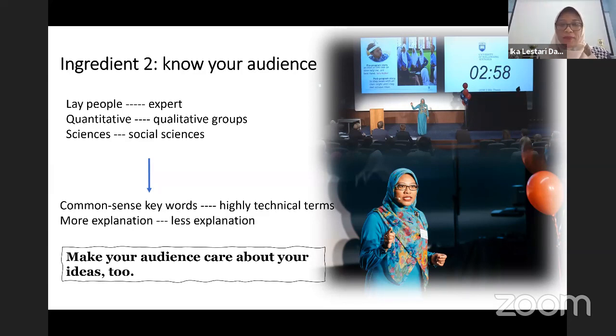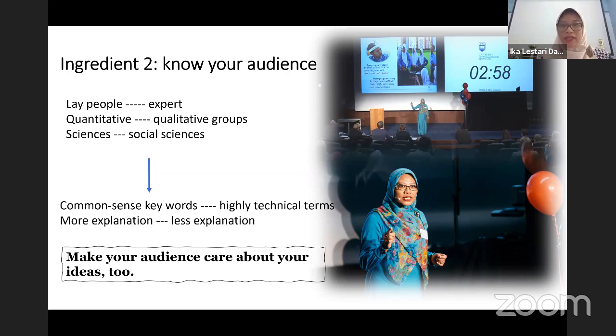For example, in this presentation, when I introduced Halliday's functional language model, I adjusted the use of the terms, because the three tenets that I introduced earlier in Halliday's theory are called field, tenor, and mode. And I know, based on my experience, when I talk to people with no background in linguistics, it's a bit hard for them to understand those words.